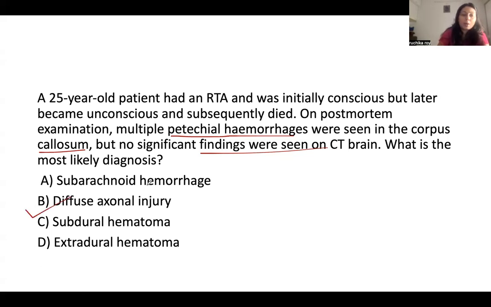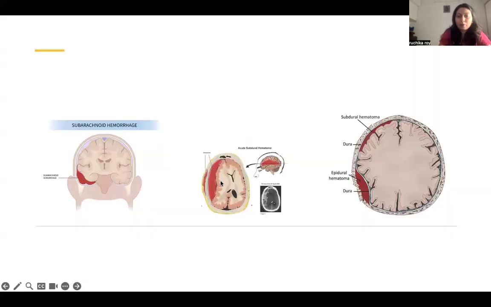Why? If you go with the other options, in subarachnoid hemorrhage you will find some finding in the CT scan, a hematoma-shaped lesion. In subdural also, you will see a crescent-shaped hematoma in the CT scan.